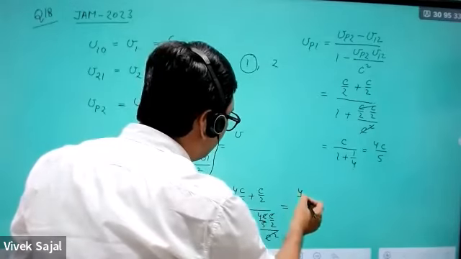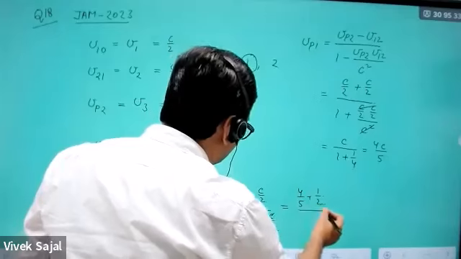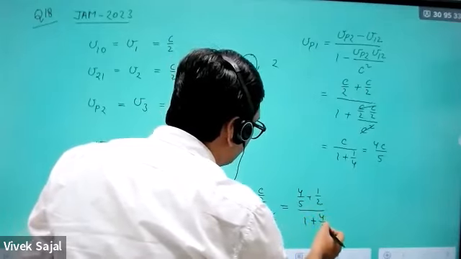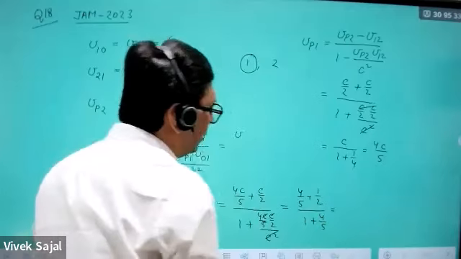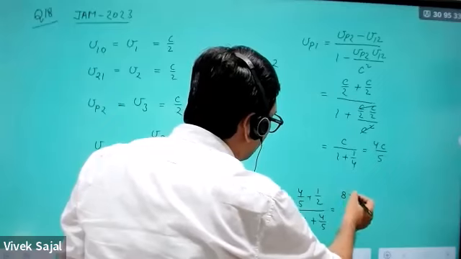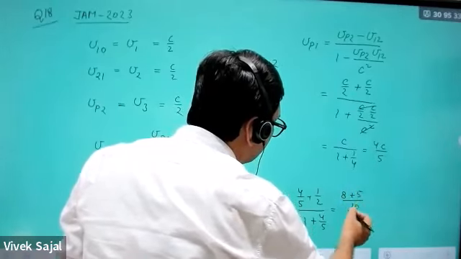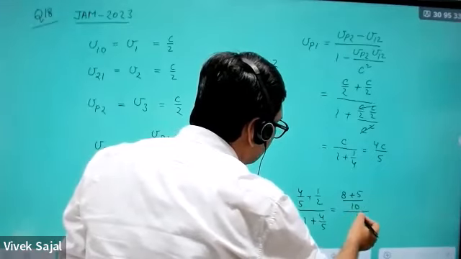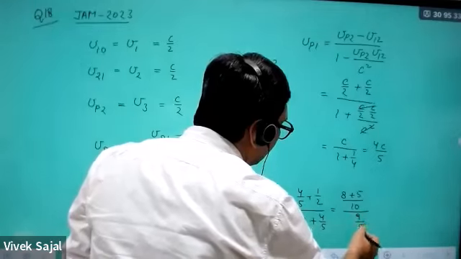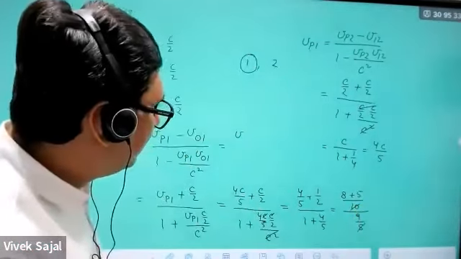This will be 4/5 plus 1/2, divided by 1 plus 4/5. So this will be 8 plus 5 over 10, and this will be 5 plus 4, that is 9 over 5. It is 4 by 10. Where, beta?